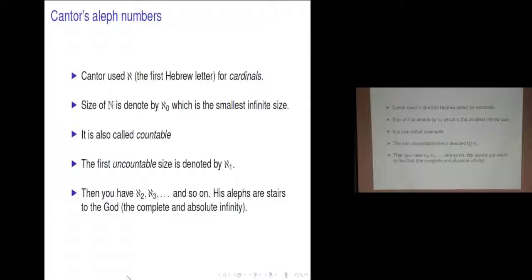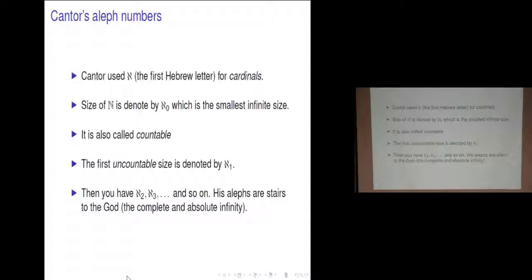He used aleph for the cardinals, for the size. The first infinite size, which we know is the size of the natural numbers, he denoted by aleph naught. This is aleph 0, the smallest size of infinity. It is also called countable. If a set has this size, it is called countable.